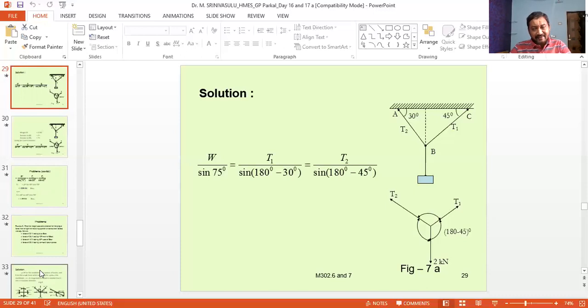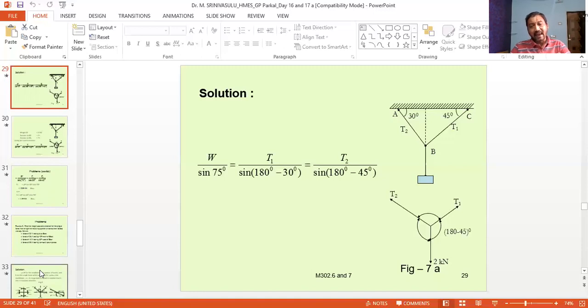In the previous case, the angle made by AB with the vertical is equal to 90 minus 30, sorry, instead of 30 we should take 60, so 90 minus 60 becomes 30 degrees. Now when the angles are 30 and 45 degrees, we can know the angle between T1 and W is equal to 180 minus 45 degrees.